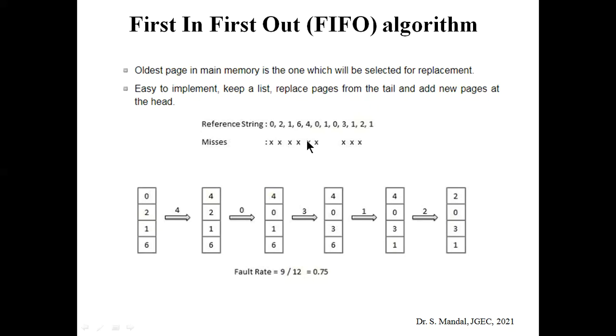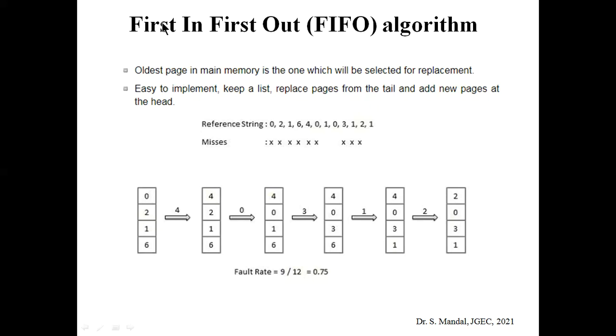Up to 6 pages there is no problem, but suppose the next page to be loaded is 4. Whenever we need to load the fourth page into the main memory, we need to swap out a page from the main memory because there is no free memory in the RAM.